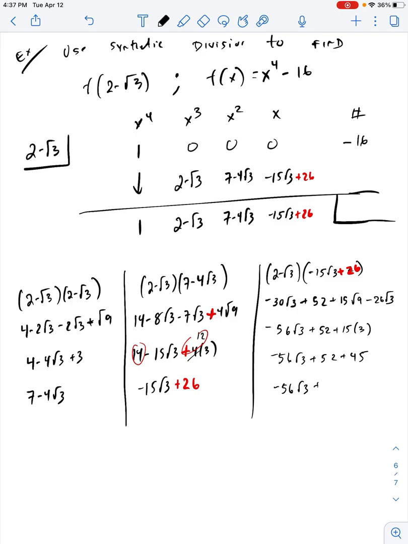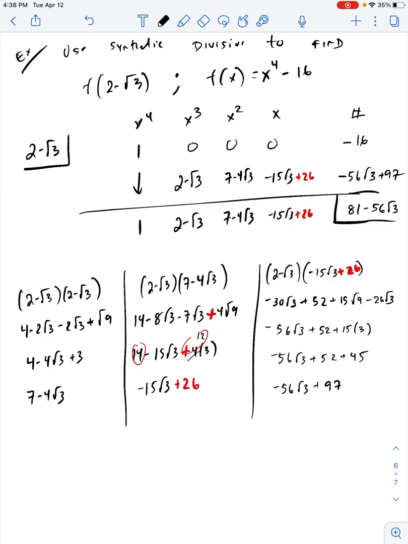We add 52 plus our 45. We get our 97. So now we put that up here. And now from that 97, we subtract 16. So we get our 81 minus 56 square root of 3.